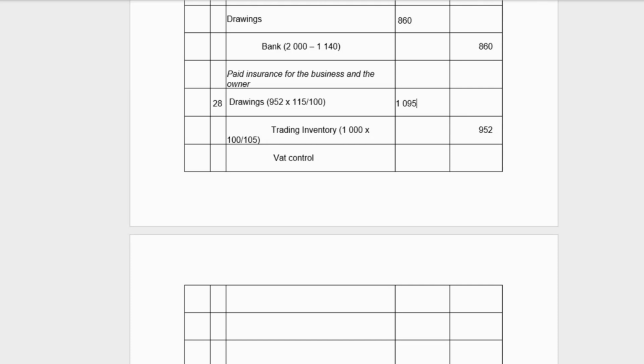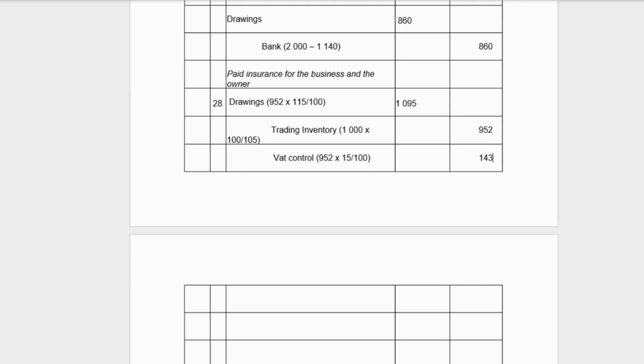And then my VAT control is going to be open brackets 952 multiplied by 15 out of 100. So how much is your VAT control right there? I'm getting 143.